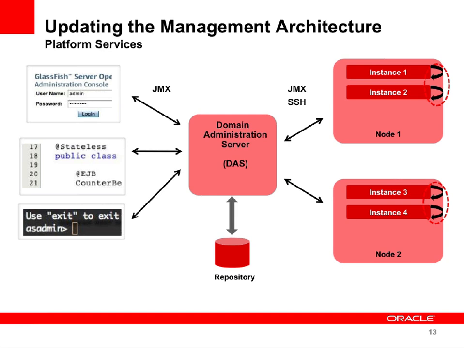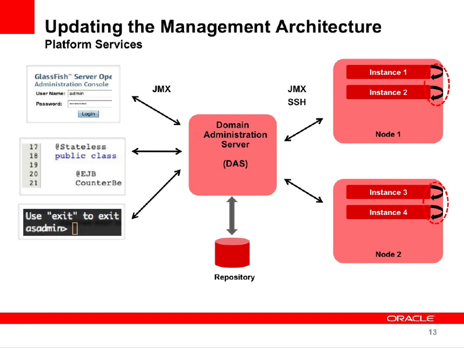So now what about the watchdog role that the node agent offered? So what we do with that in GlassFish Server 3.1 is we use platform services. So a platform service we refer to as the operating system service that can manage applications, manage the lifecycle of applications. So in the Windows operating system, you have a Windows service.